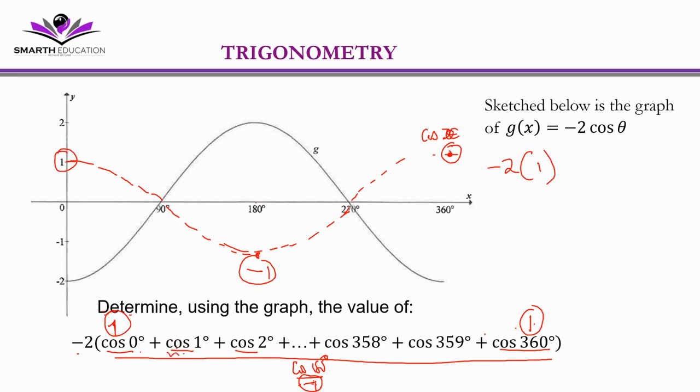But now what happens to these other angles? If you check, let's take for example cos 1, let's say angle 1 here, this is angle 1 degrees, and then angle 179. Okay, if you check, these two, cos 1 degrees and cos 179 degrees, they cancel each other out.